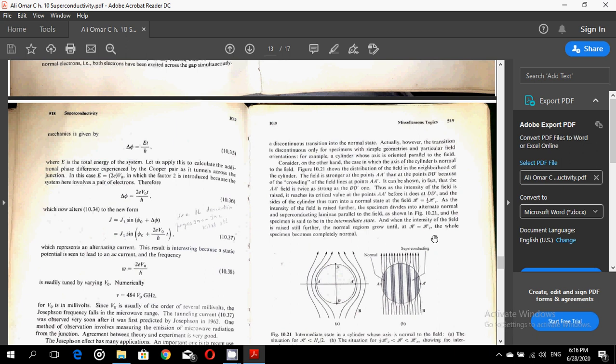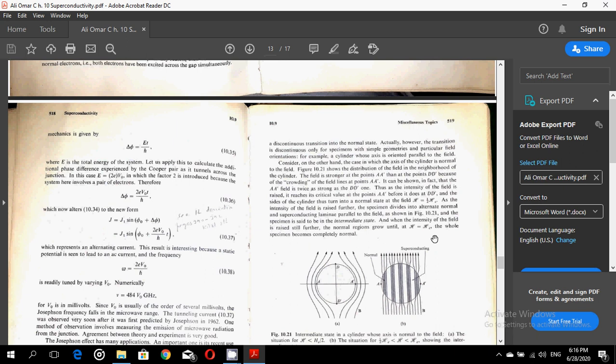Numerically, nu is equal to 484 V naught gigahertz, where V naught is in millivolts. Now, since V naught is usually of the order of several millivolts, the Josephson's frequency falls in the microwave range.